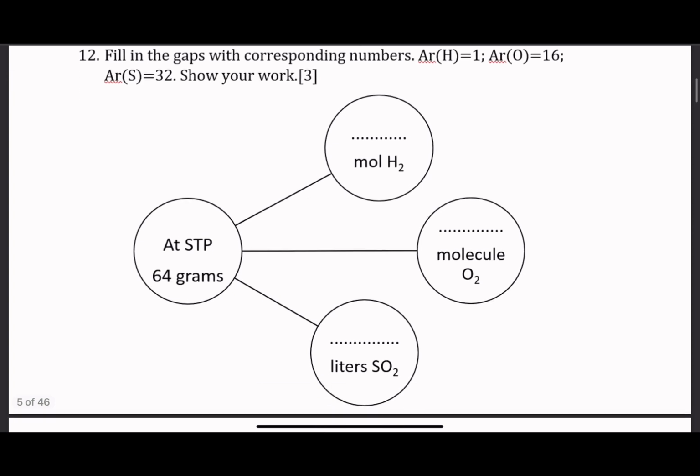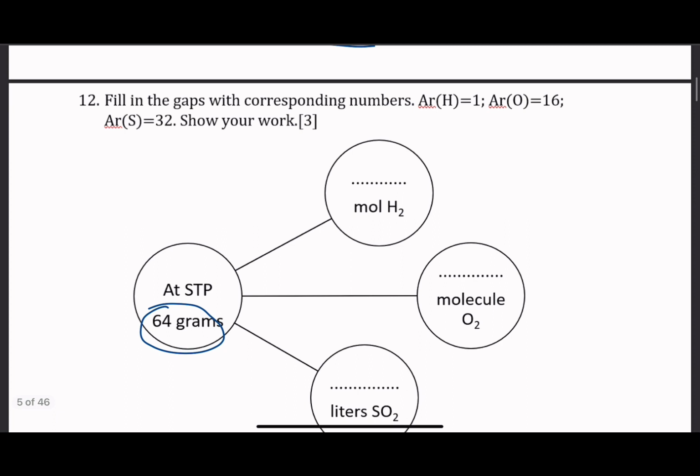And this is the easy question. So if you got 64 grams of something, how many moles is that? You just need to divide it by the molar mass of hydrogen, which is 2 grams. 64 divided by 2. So gram divided by gram per mole will give you the mole amount of 32 moles.